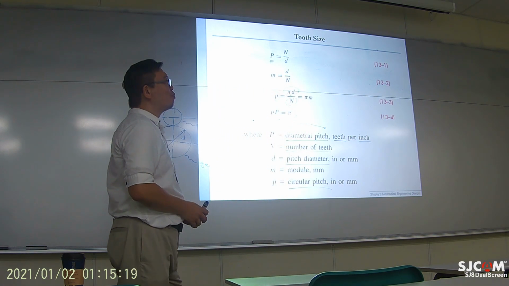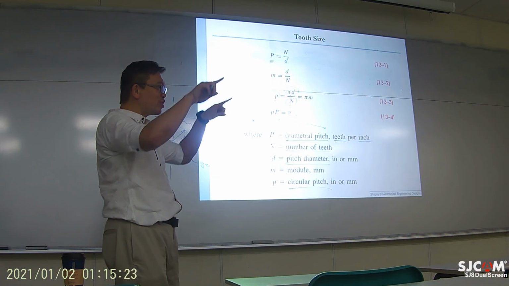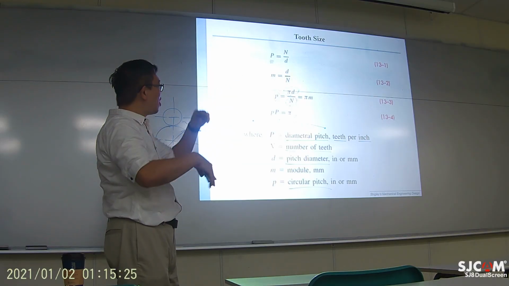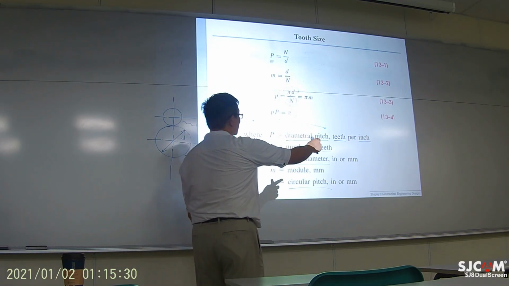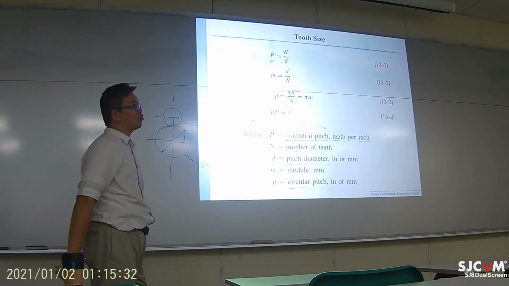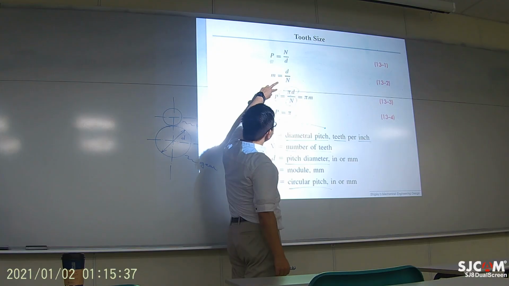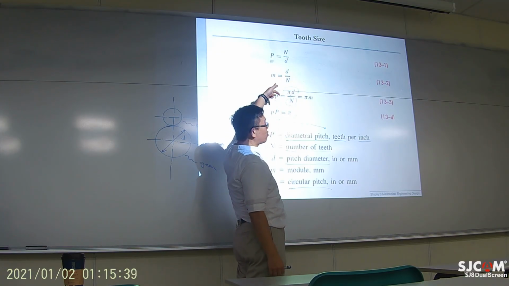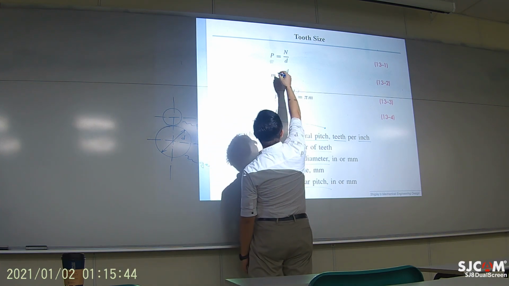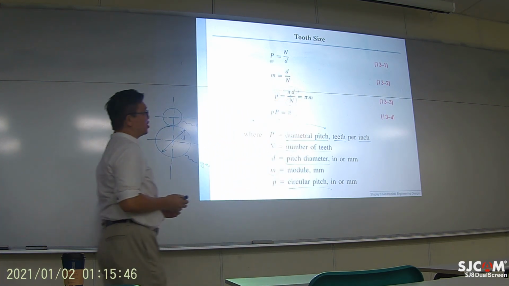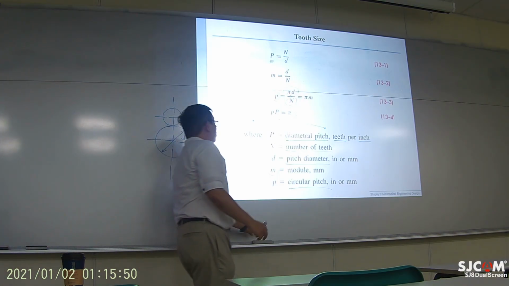So it's like, per unit diameter, how many teeth you have. Okay. So it's not an integer. And if you invert the equation, it's called module. Module is the inverse of capitalized P. Okay, so those are the basic equations for P.